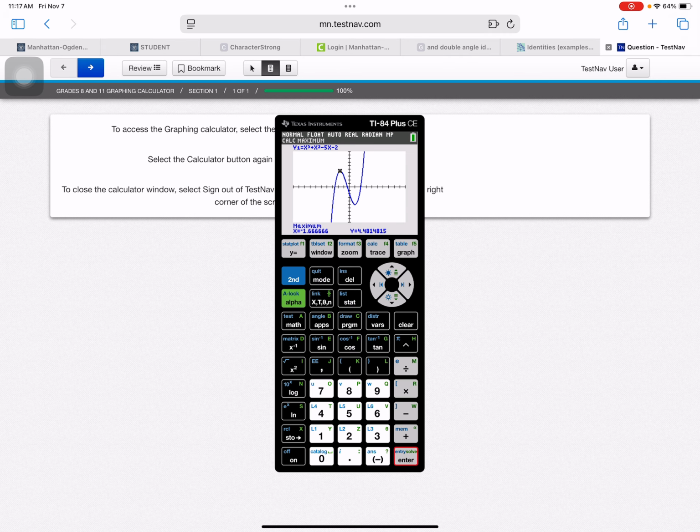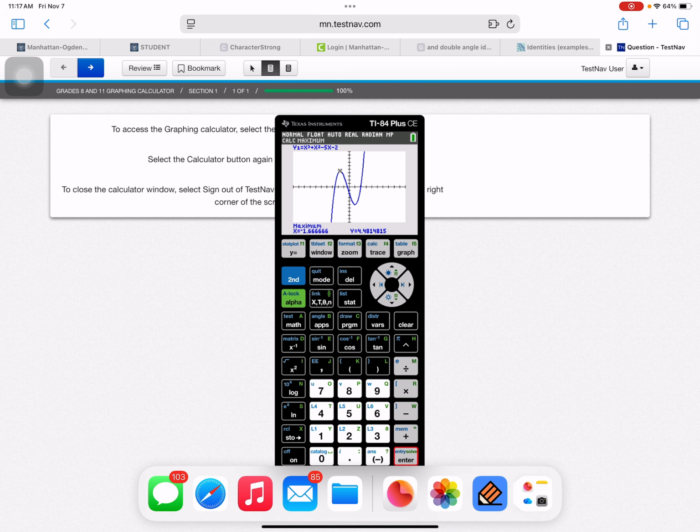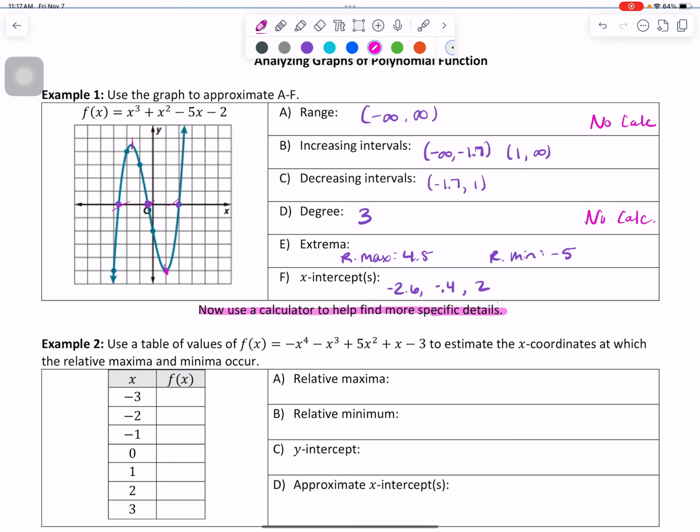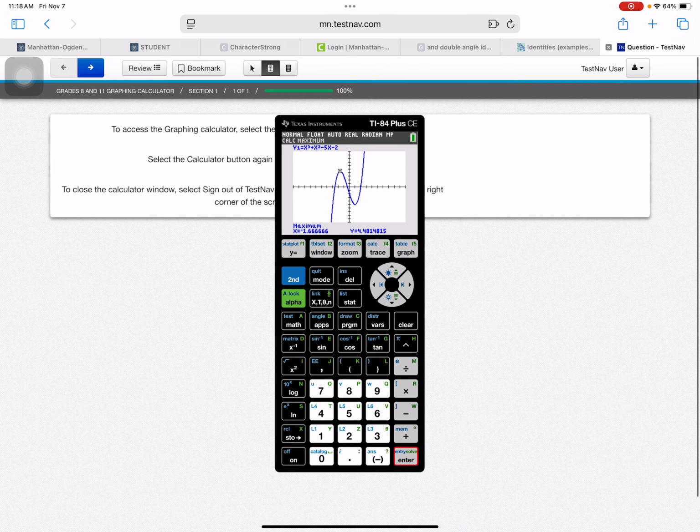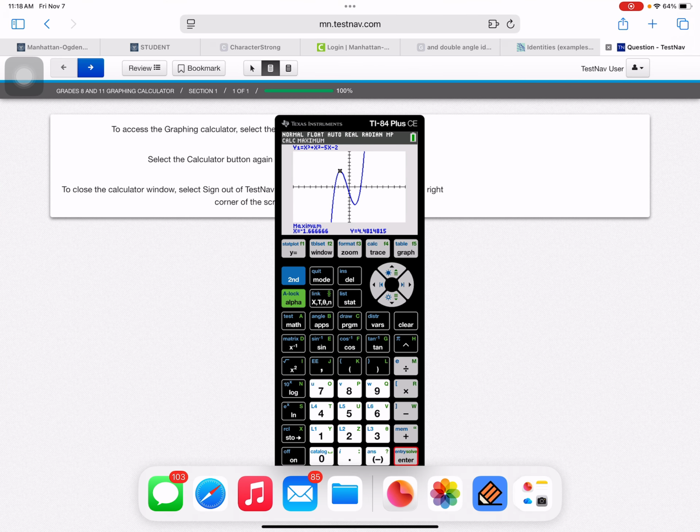It's the y value. But I recommend, once you check with your calculator, maybe change colors or put calculator answers off to the side. I would say that my max, 4.5, was close enough. Let me go back to the calculator. There it goes. Yeah, 4.5. But the x value is negative 1.7.